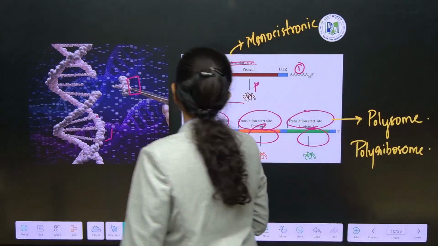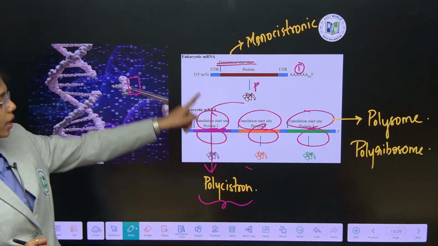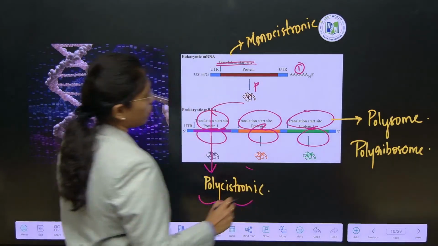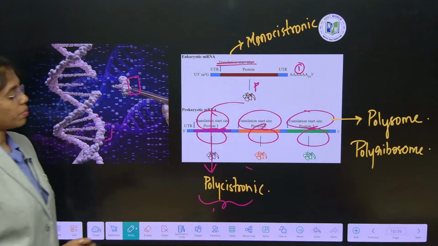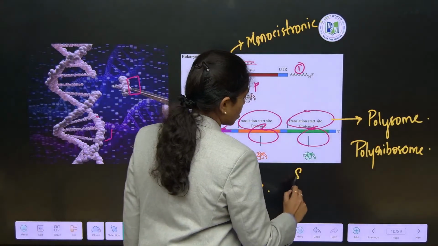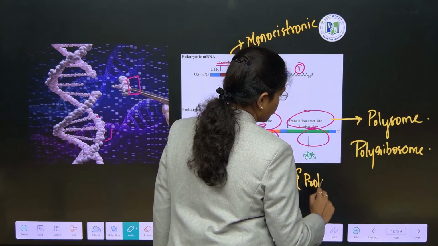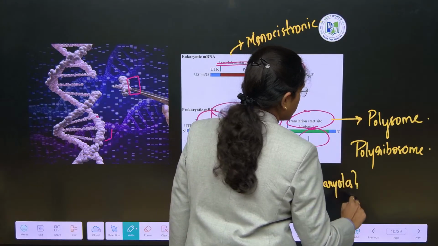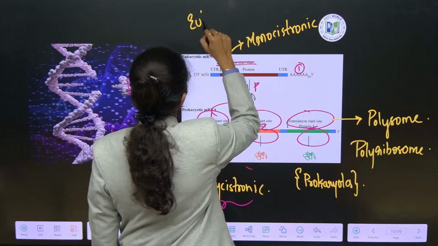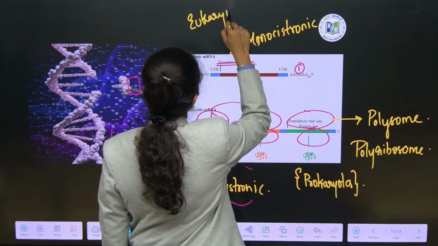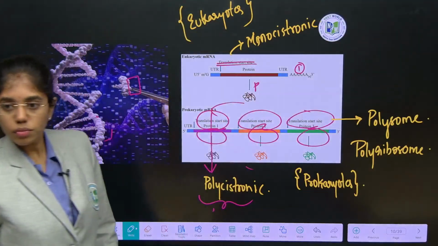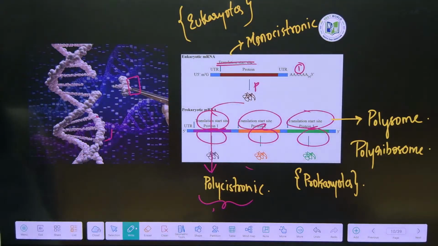Clear till here? This is monocistronic, this is polycistronic. Multiple protein expression is observed in prokaryotes, and single expression is observed in eukaryotes. Any doubt anywhere?